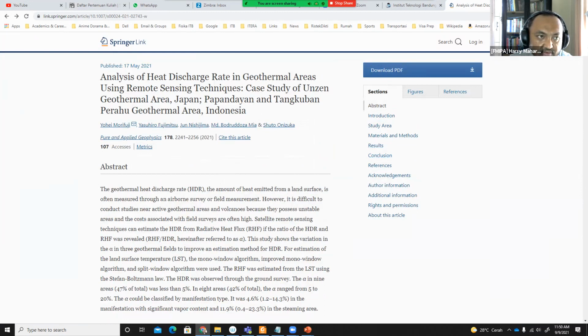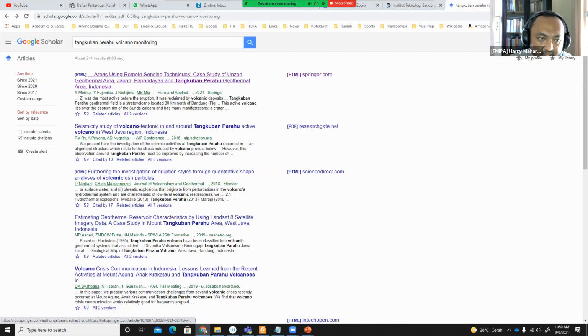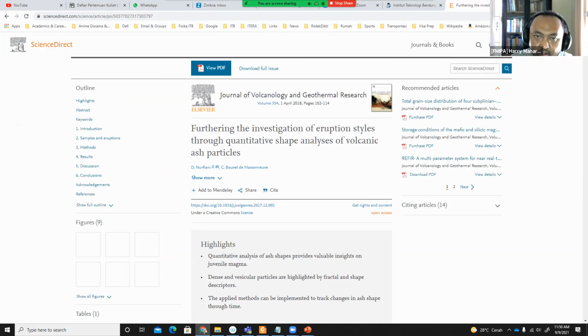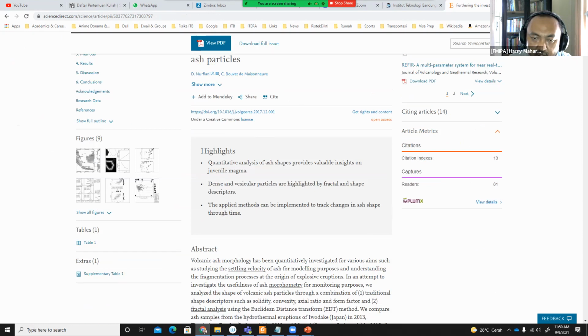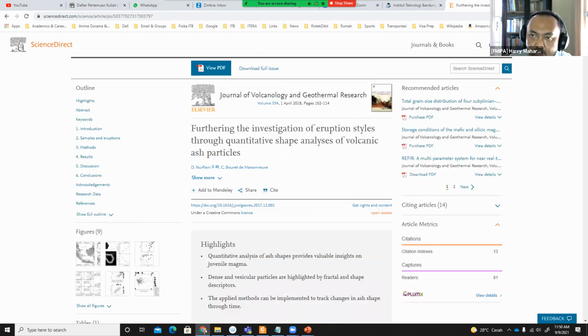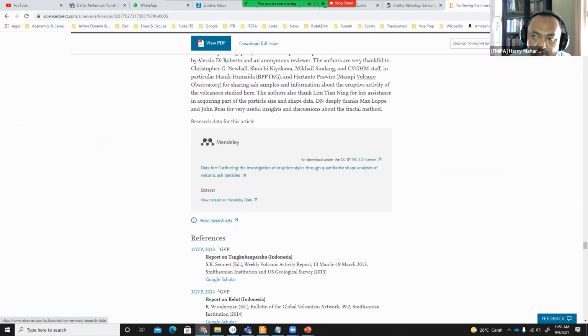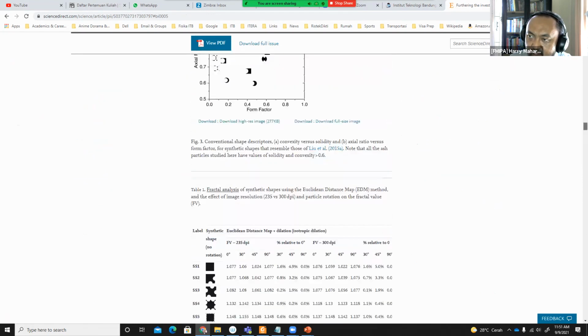But if the publication is relatively old, for example, this one. I'm just choosing this randomly. For example here, furthering the investigation of eruption styles through quantitative, etc. After we look at the references that this paper has, we could also look for the papers that are citing this paper.